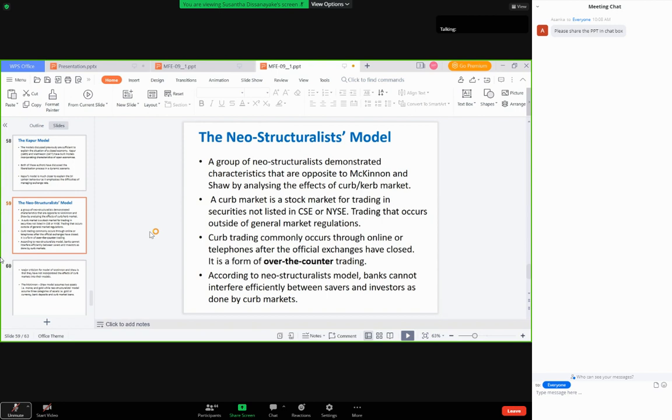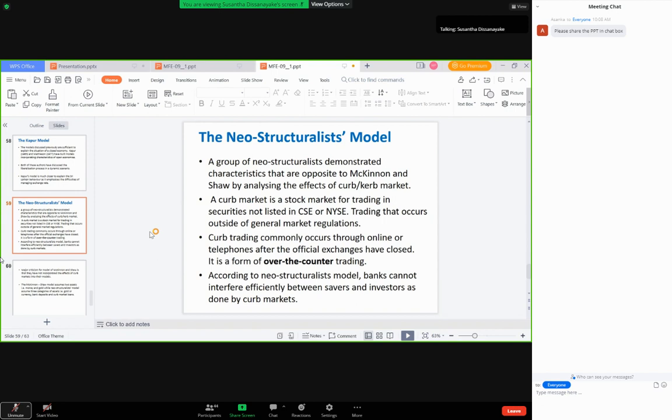In that way, there is no regulated body; the trading happens in an illegal manner. That means, in other words, it is not regulated.